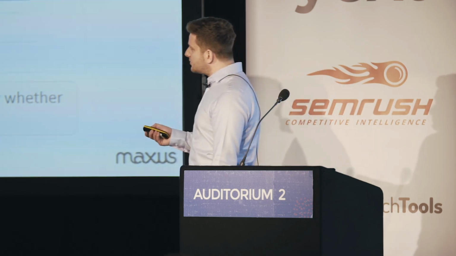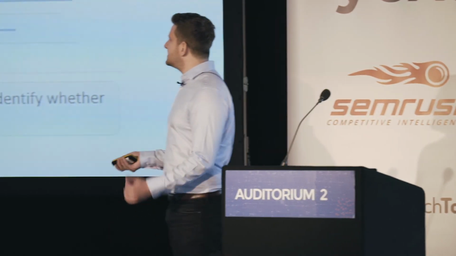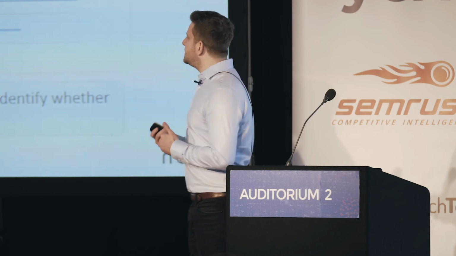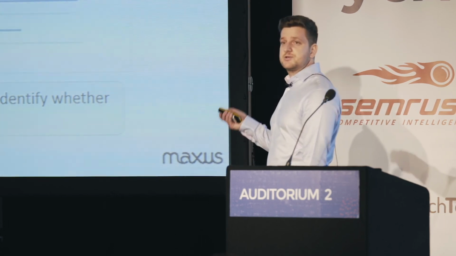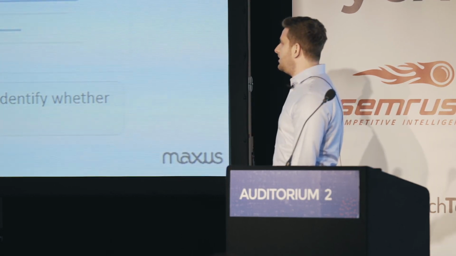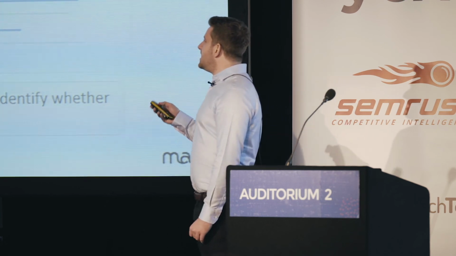And the only reason why position 4 had a higher click-through rate is because users wanted to buy from the official website, so they were more inclined to click on the official listing.